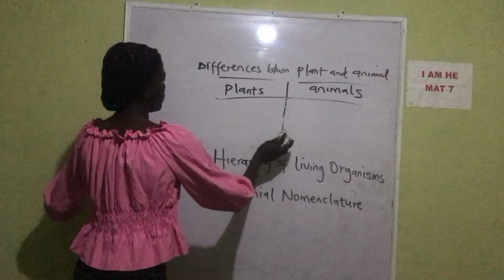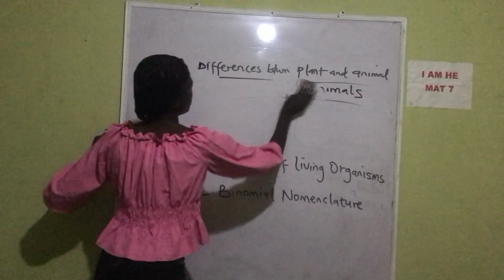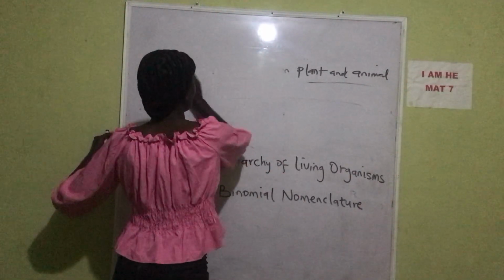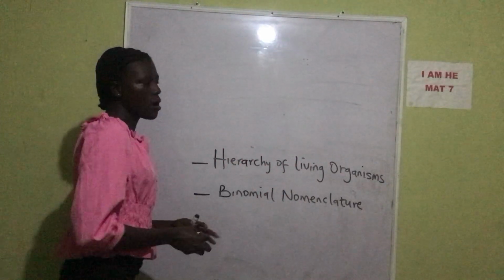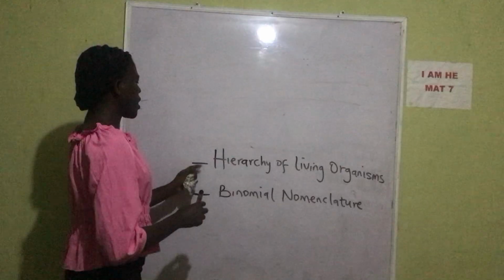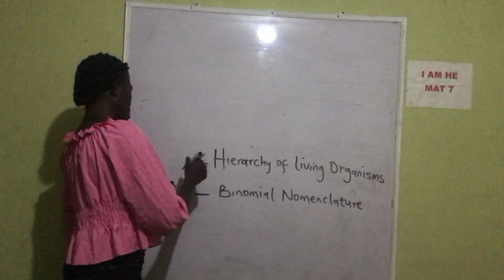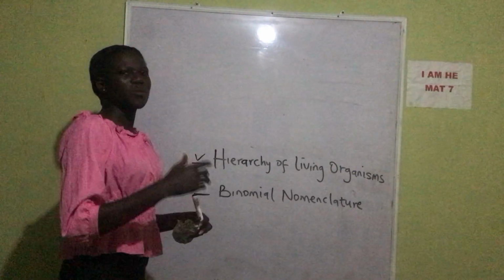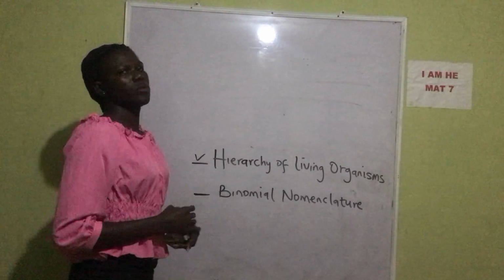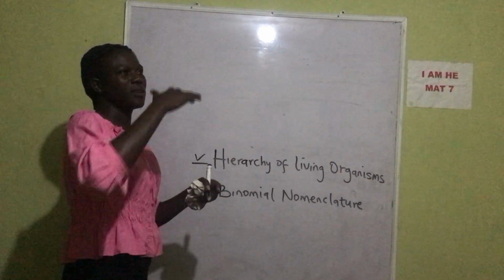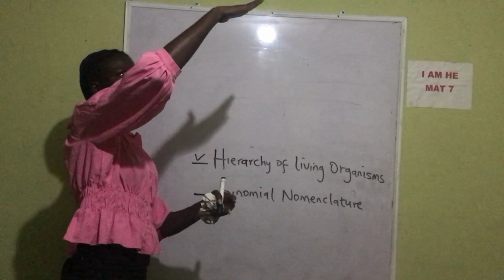Now talk about the hierarchy of living organisms. When you talk about the hierarchy of living organisms, it means how organisms are classified based on their levels. When you talk about hierarchy, it is how you place people from the highest to the lowest.